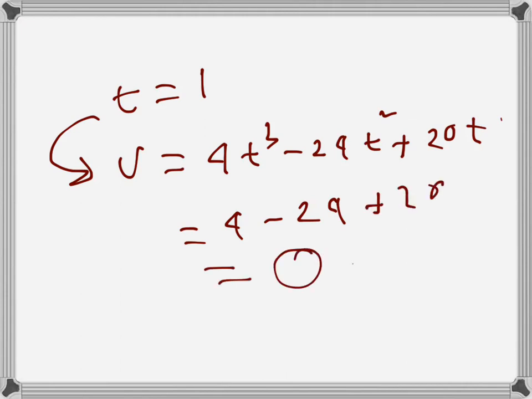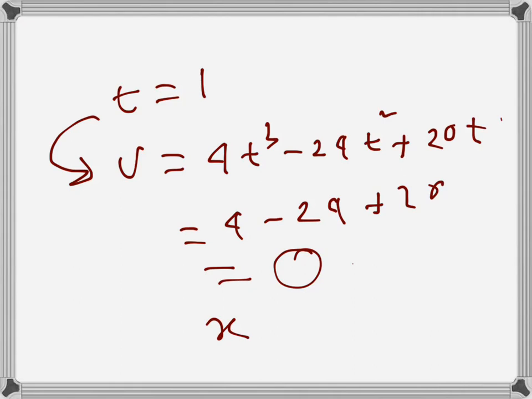That means at t is equal to 1, velocity is becoming 0, so in terms of distance or displacement, it has achieved a maximum or minimum value. X is maxima or minima at t is equal to 1.